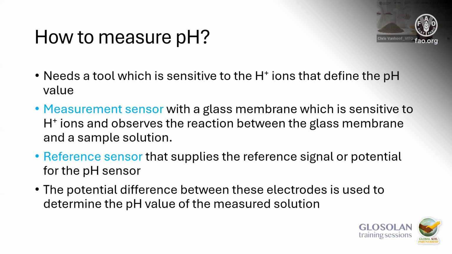The second one is a reference sensor, which is needed to supply a reference potential for the pH sensor. You need a combination of both, because the potential difference between these two electrodes is used to determine the pH value of the measured solution.